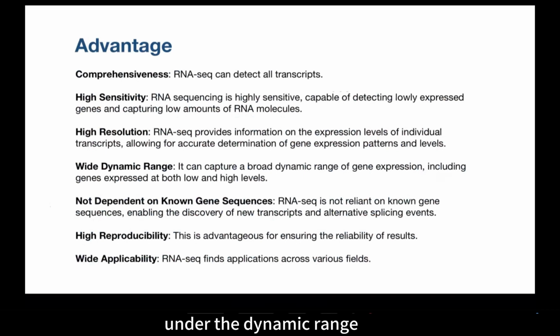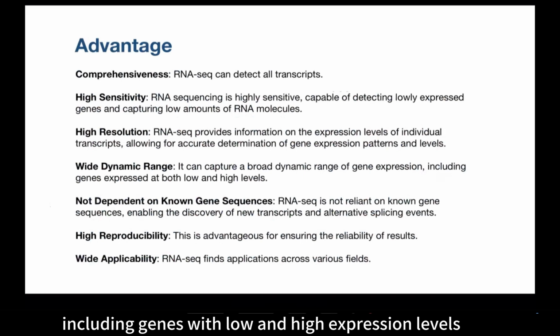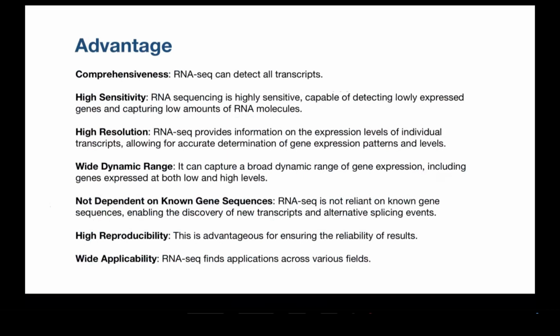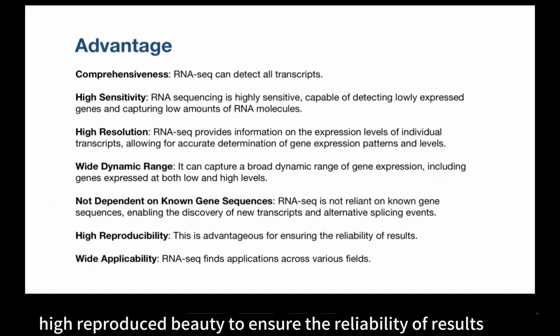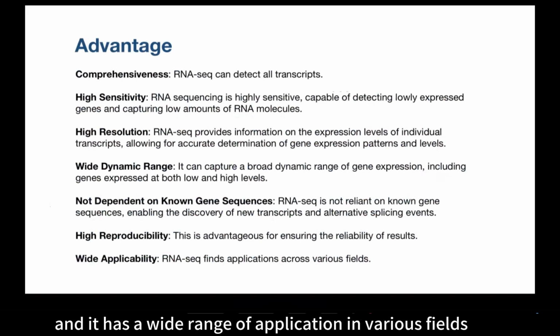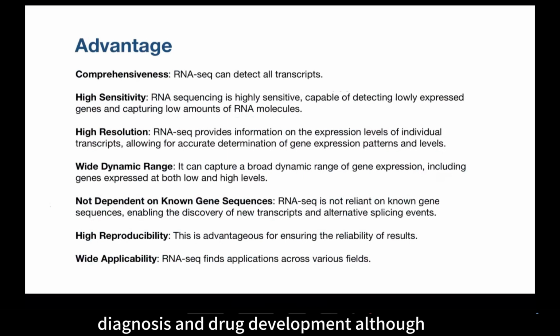And the dynamic range is wide, capable of detecting genes with low and high expression levels. It can also detect unknown genes and transcripts. High reproducibility ensures the reliability of results. And it has a wide range of applications in various fields such as disease diagnosis and drug development.